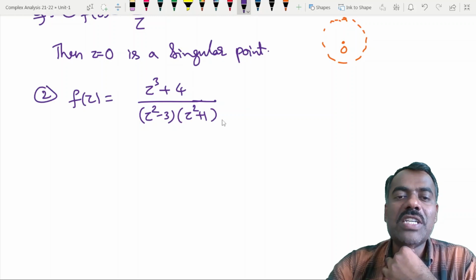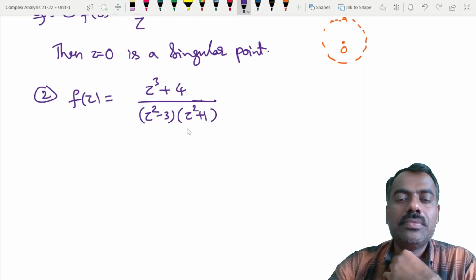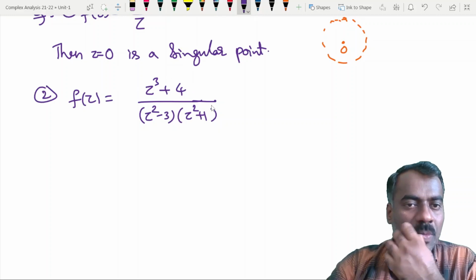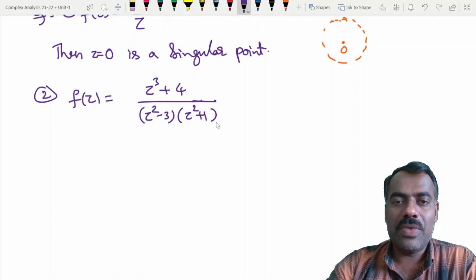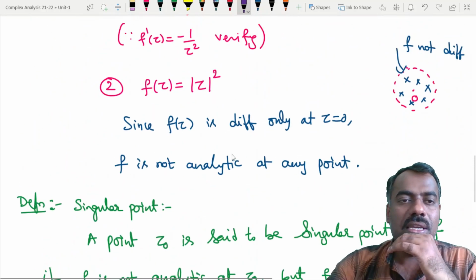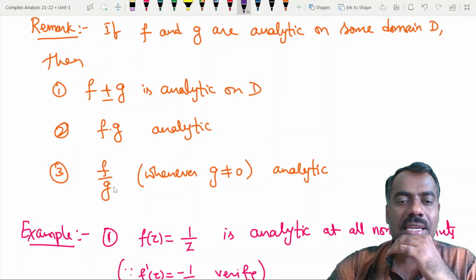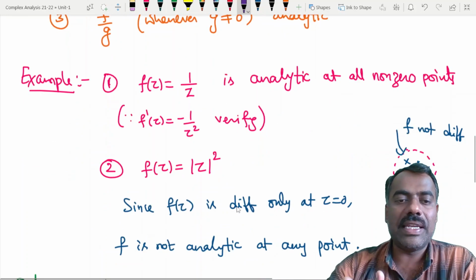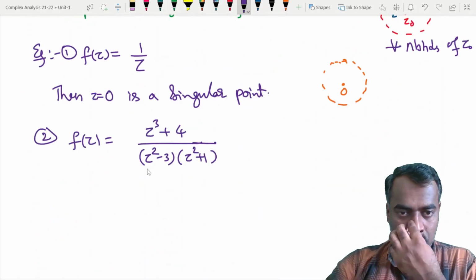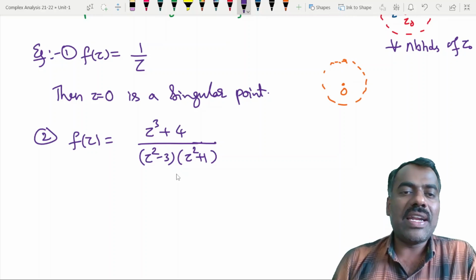It is just like p of z by q of z. So if the numerator and denominator are differentiable at a point, then obviously it is analytic. Here we have mentioned this: whenever f and g are analytic and g is non-zero, then f by g is analytic. So it is all about where the numerator and denominator are not analytic.